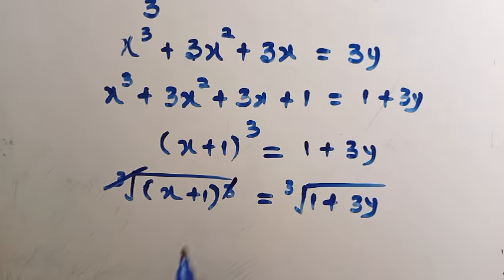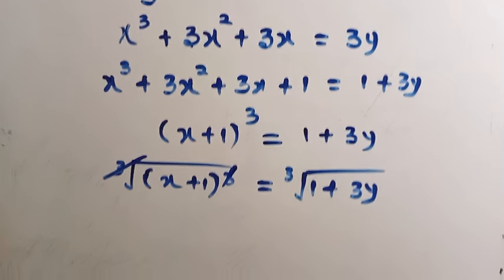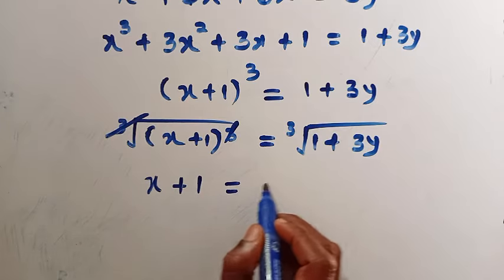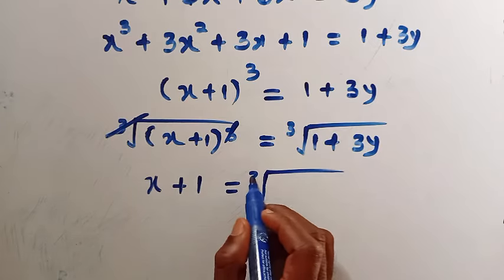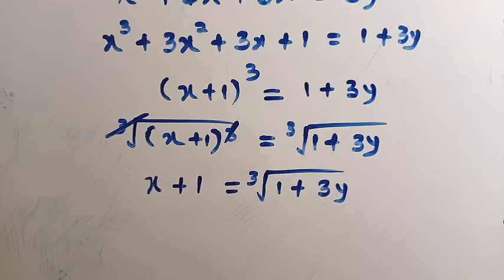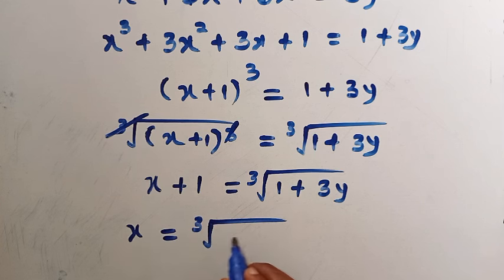So this cancels this, and we have x plus 1 equals the cube root of 1 plus 3y. Let's subtract 1 from both sides. So we are going to have x equals the cube root of 1 plus 3y, then minus 1.